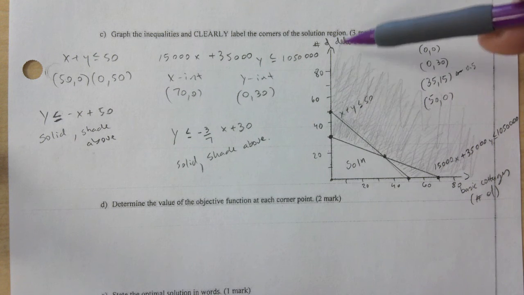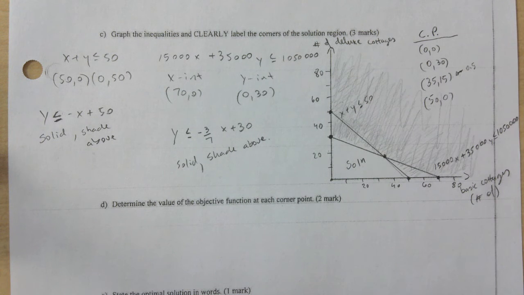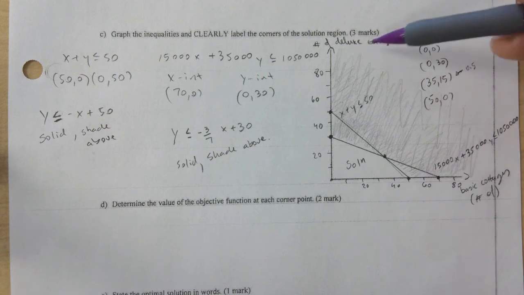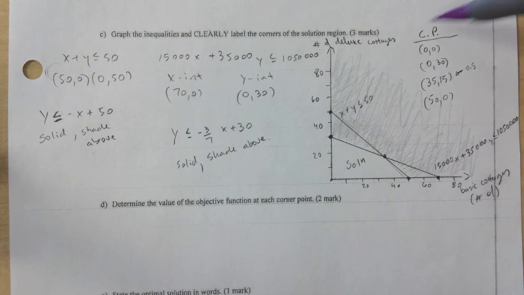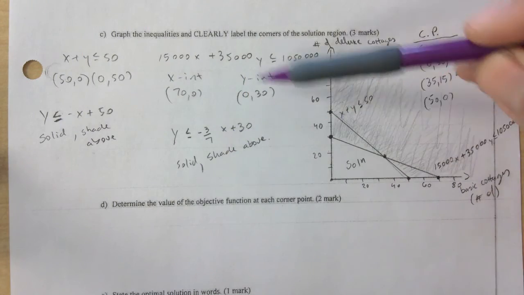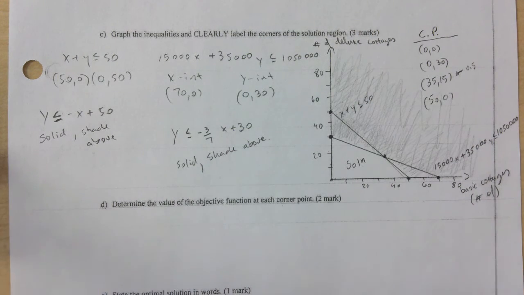You graphing it properly with all the components there would be half a mark. So the graph itself would be 1, the corner points would be 1, and then this work here would be 1. I personally will be making it worth something like 5 marks, but it doesn't really matter.